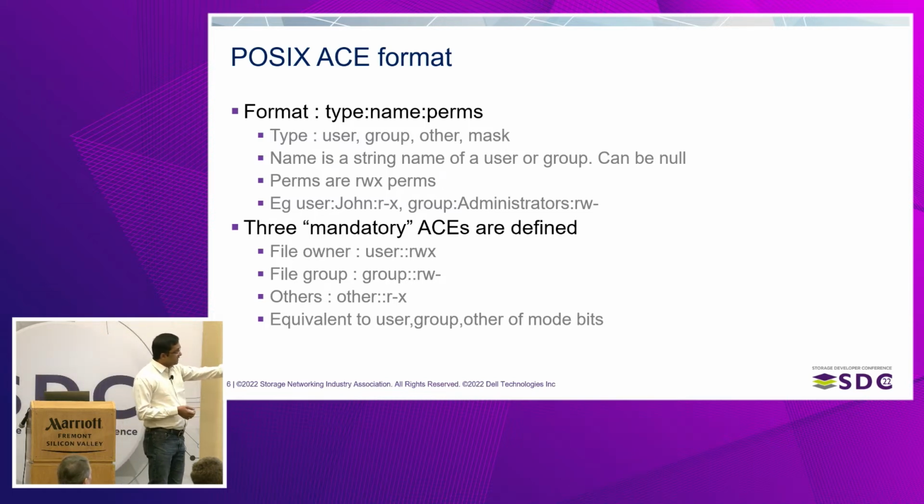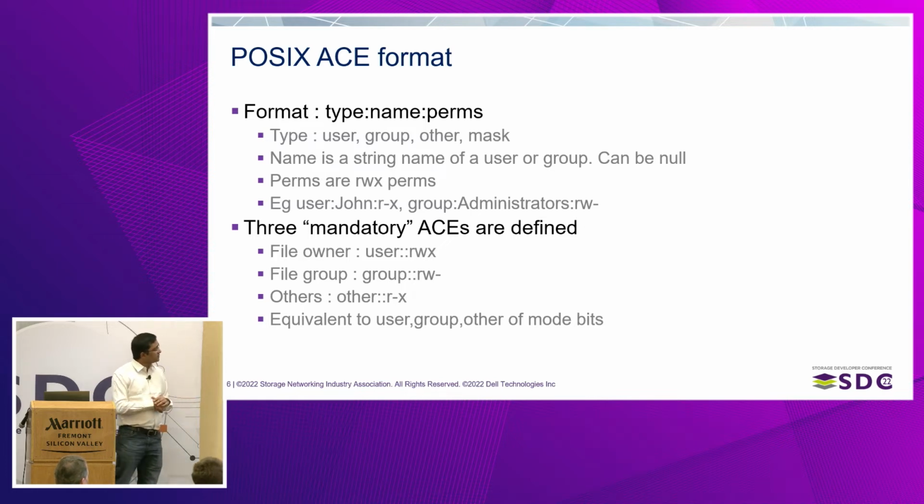As you can see, in the mandatory ACEs it is null. The reason is that when the name is implicit, like for the file owner, you don't need to specify the name. So if there is a user ACE with a null name, that means it's for the file owner. Similarly for the file group, and obviously for other there's no name either.